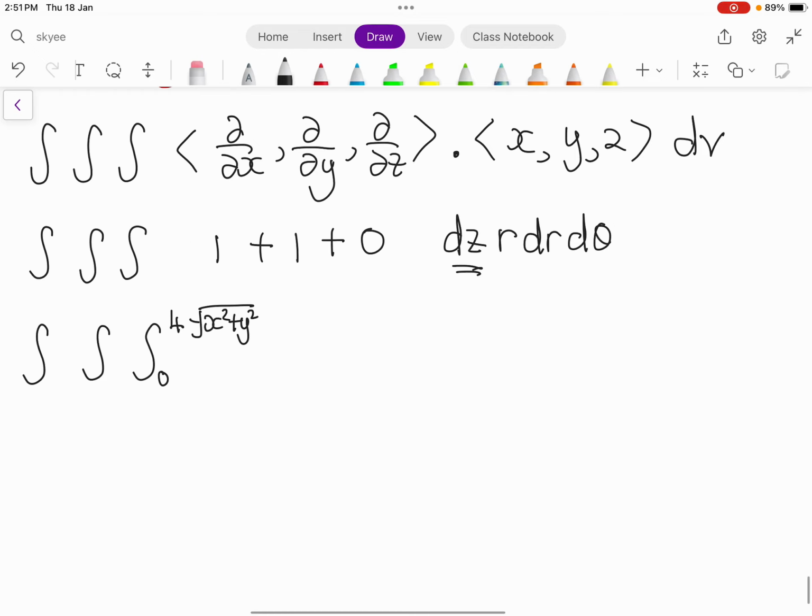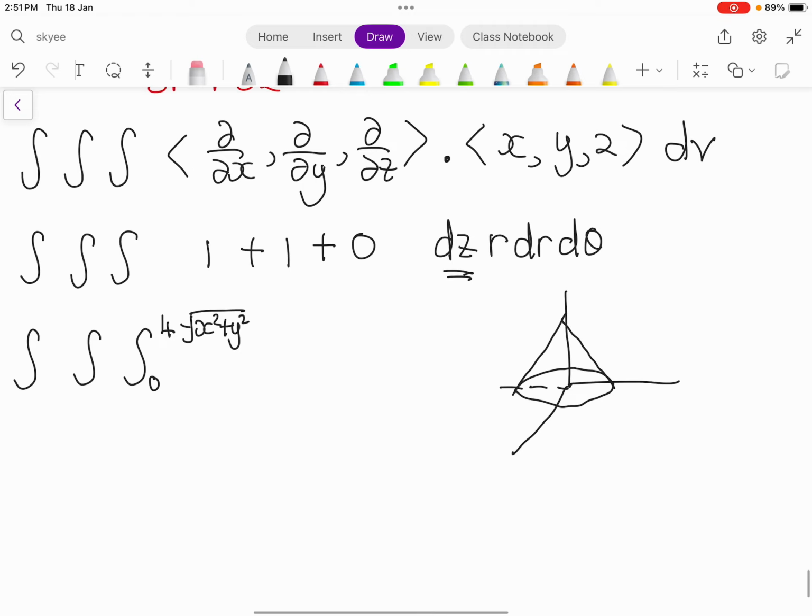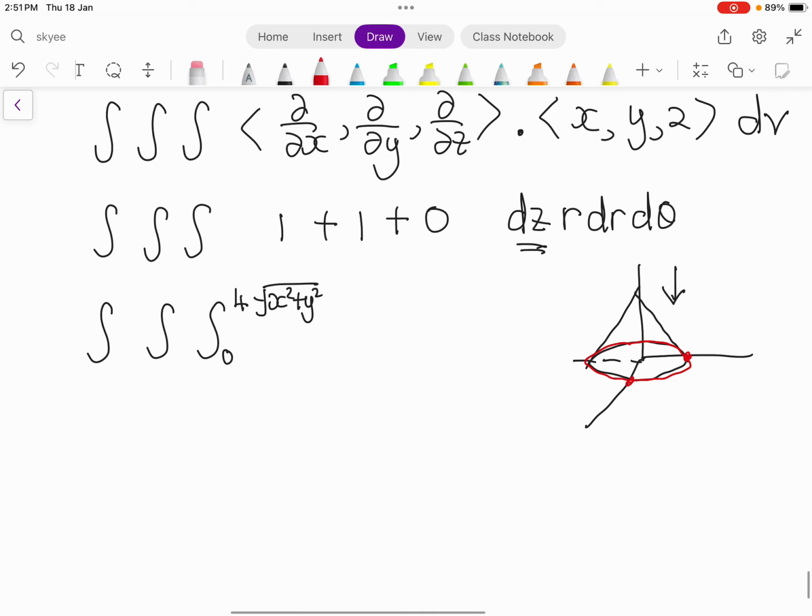r is based on the projection. Maybe I will draw here, a very simple one. This is your cone just now. You pick the projection and you will see this circle. Just now we already know the radius, so the radius is 4. So it will be 0 to 4, and 0 to 2 pi for a circle.